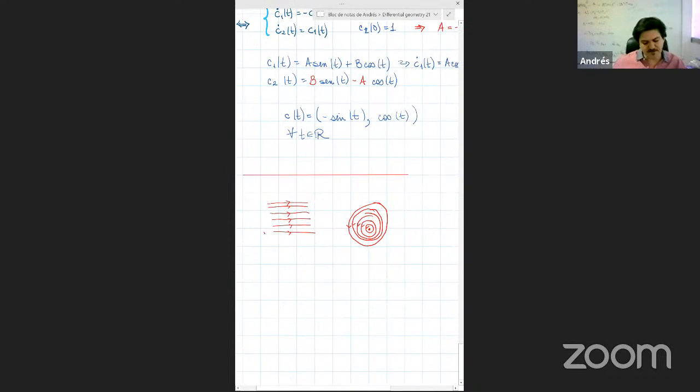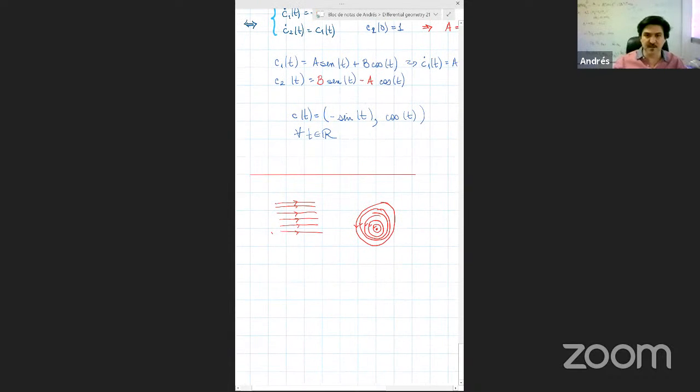So these things that we are doing with vector fields and integral curves are a picture like this that maybe you have seen somewhere. When we put all of the integral curves together, we have like a flow.